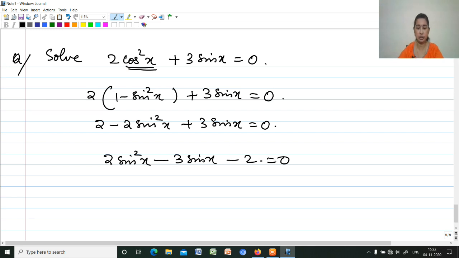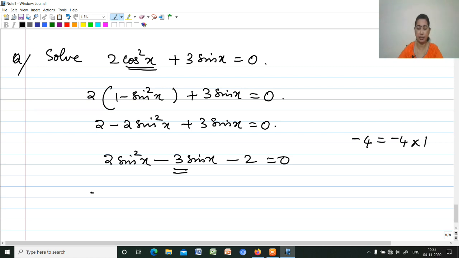Here 2 into minus 2 is minus 4. Factors of minus 4, here we can split it. This minus 3 should be split. So we can take minus 4 and 1. So adding this, we are getting the middle term.